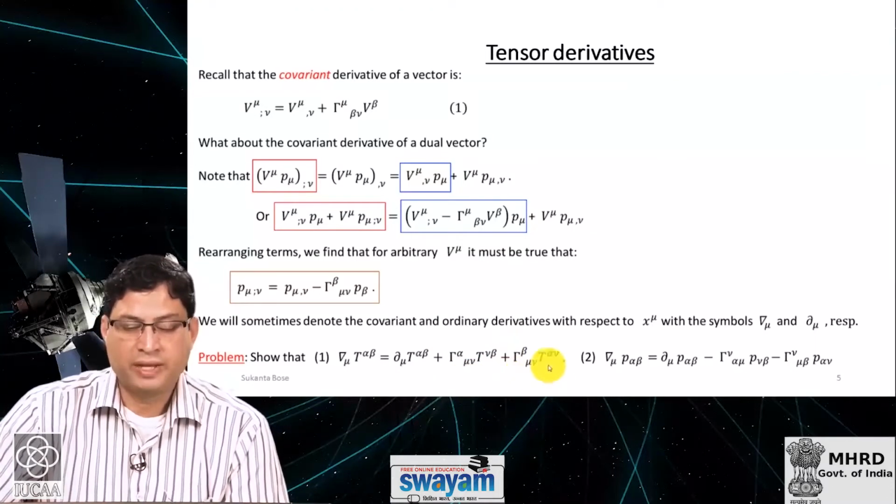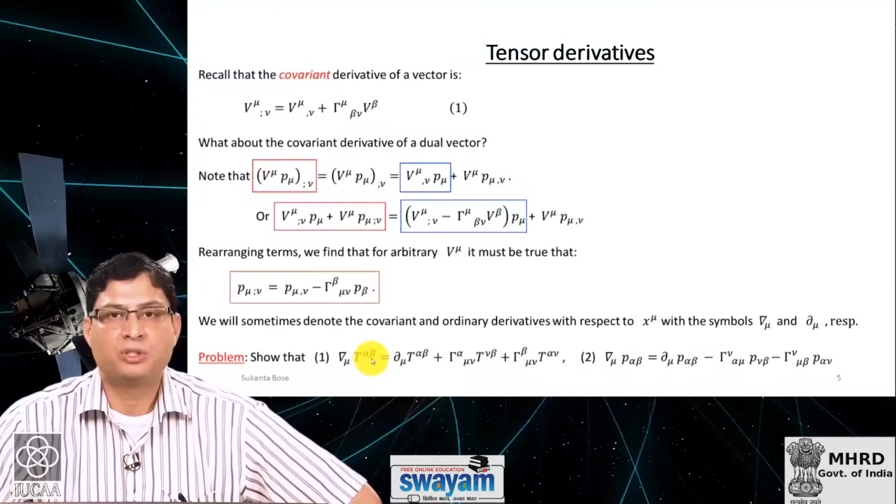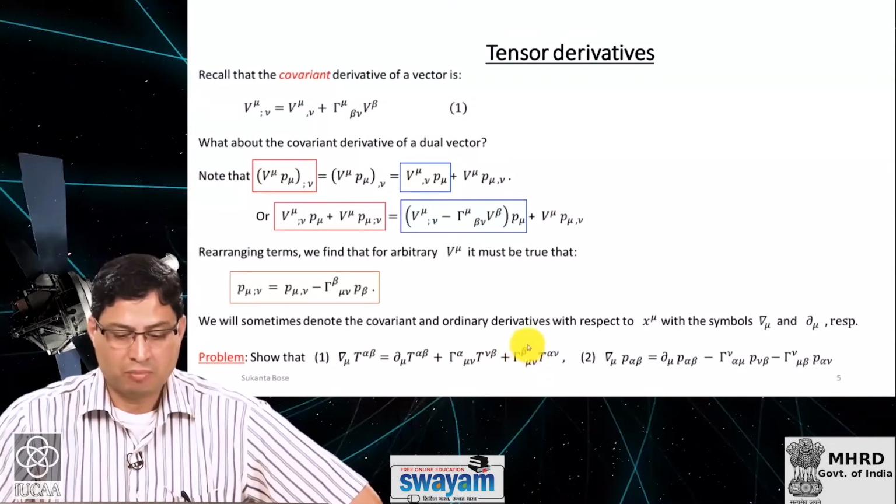But this begs a second term in Christoffel symbols, because our tensor now has two indices, and both of these indices are vector indices. They are both superscripts. So, in the second case, we retain alpha as an index on our tensor. Remember, in the first case it was beta that we had written.